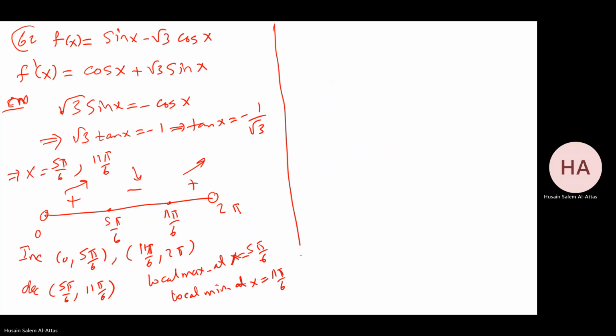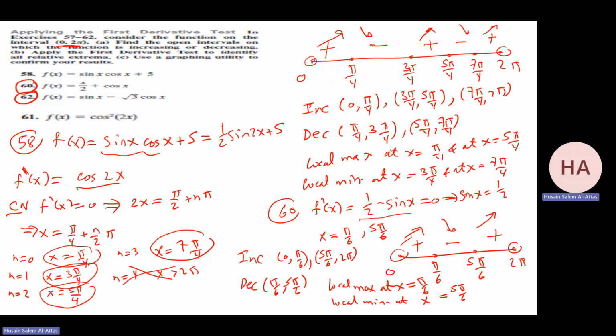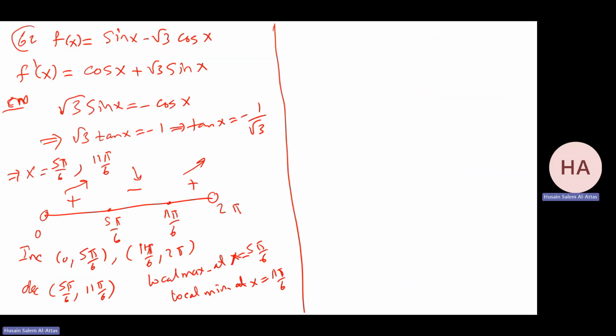Okay. 61. Hopefully it will not be difficult. F of x equals cosine squared of 2x.